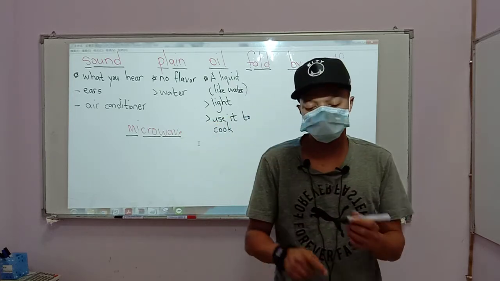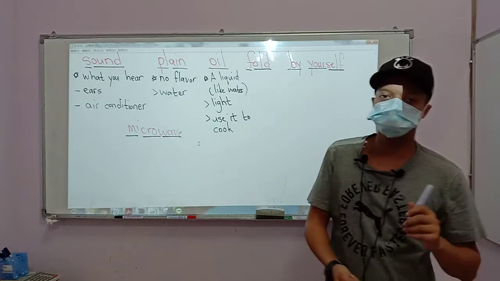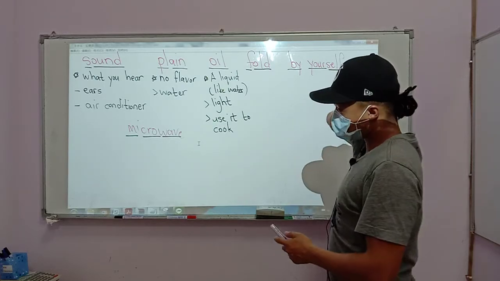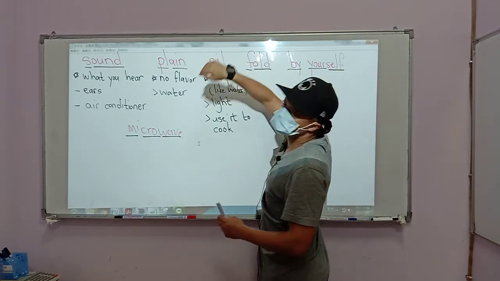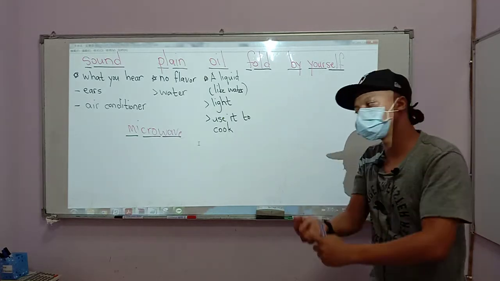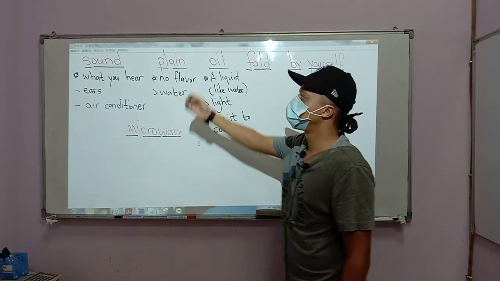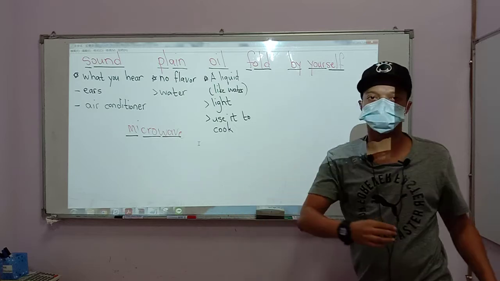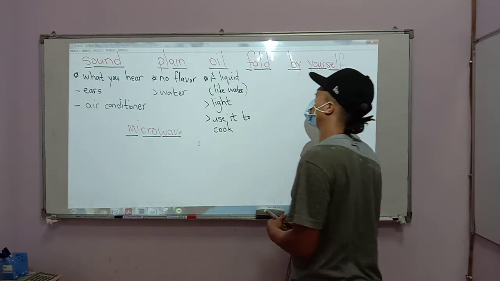So those of you that like to cook and fry food in a pan, you guys can of course use oil for your meats and your chicken and anything, even your popcorn. You would need a little bit of oil, okay?